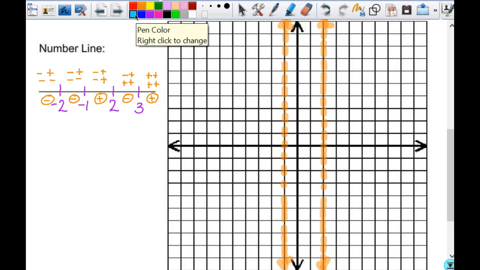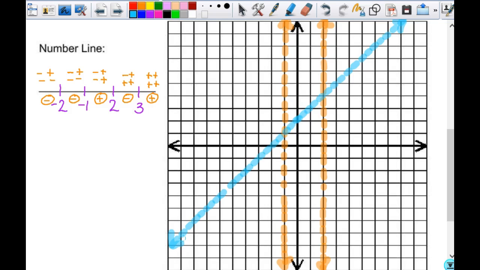And then my slant asymptote starts at a y-intercept of 2. My slope is 1. It looks something like this. Okay, so there are my asymptotes.